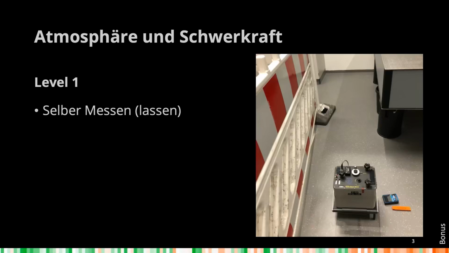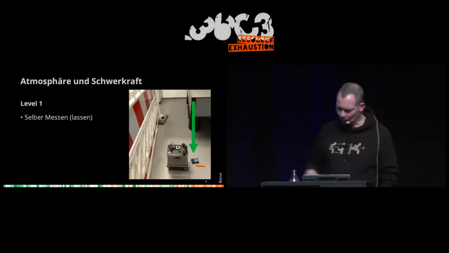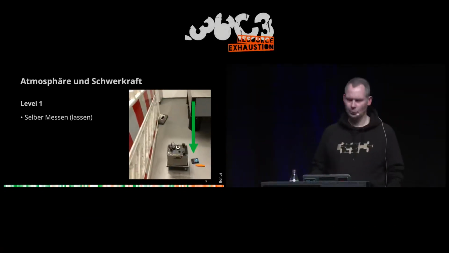So for myself, I usually calculate the effect of the atmosphere changing in time. The simplest way to do that is just measure it myself. This is my little gravimeter, so I can measure how the gravity changes over time.